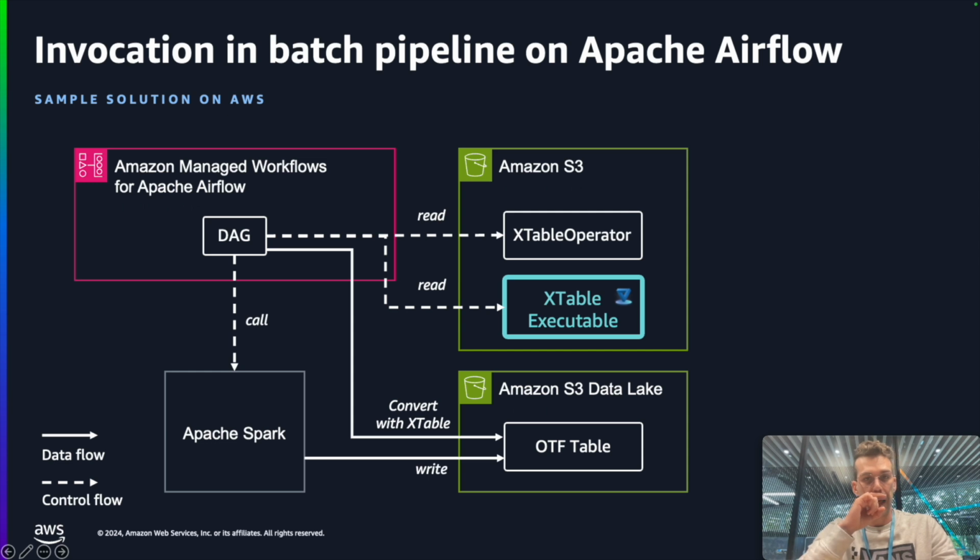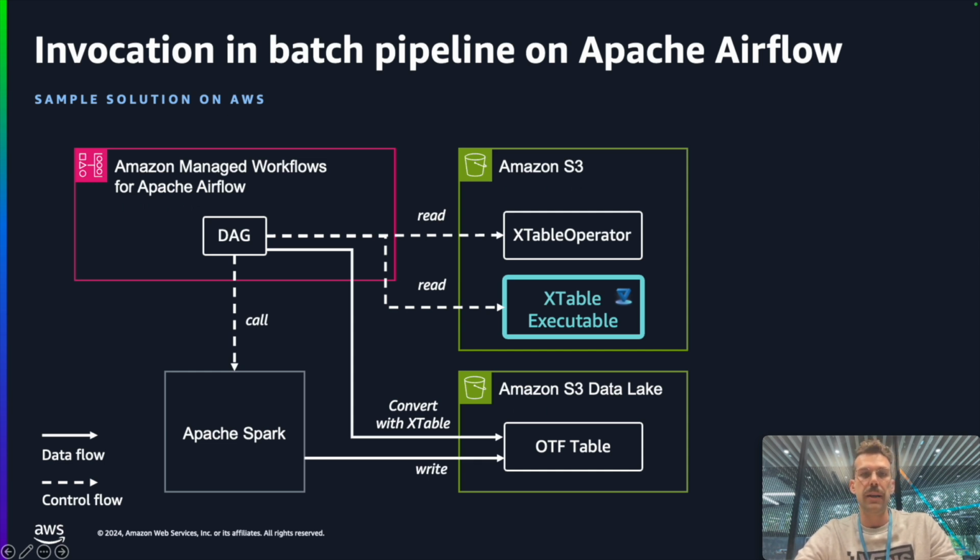We are using MWAA, Amazon Managed Workflows for Apache Airflow, as our Airflow environment, and the Python XTable operator and XTable executable are stored on S3 here and get sideloaded into our Apache Airflow environment. S3, for those of you who don't know, is just a simple cloud object storage, for example, to store files.